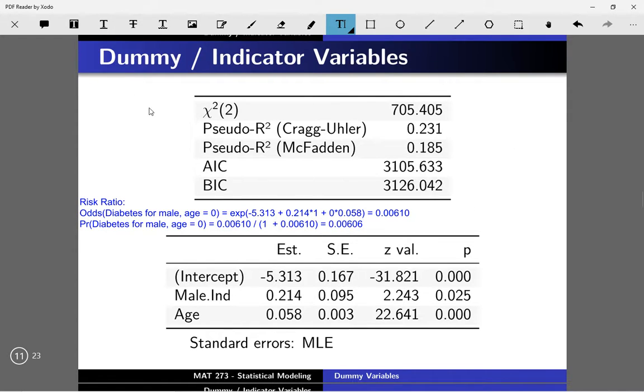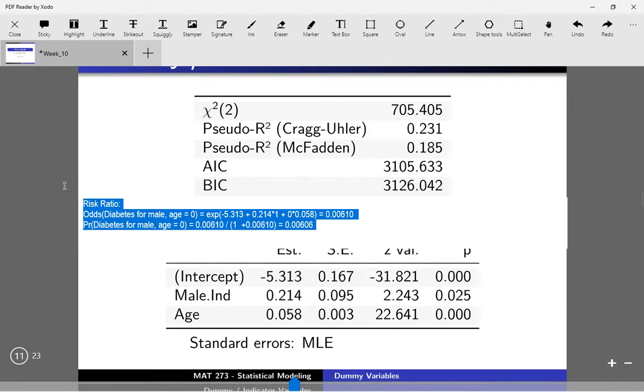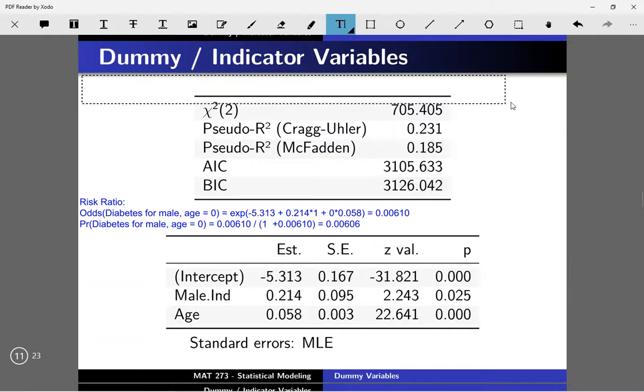And then what we do, so this is not as simple as regular linear regression was. We now have to do the same thing for females. So let's do that up here. Let me copy this text.